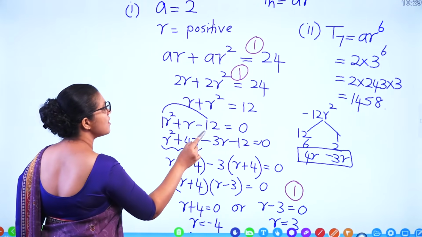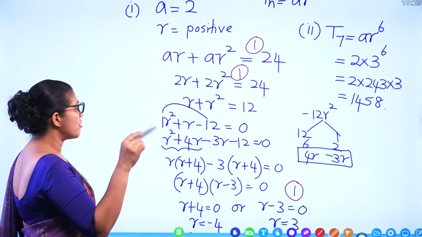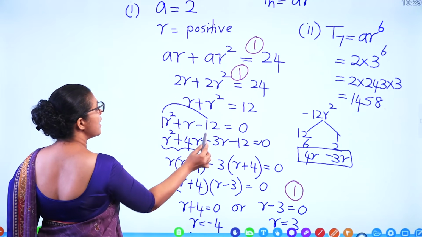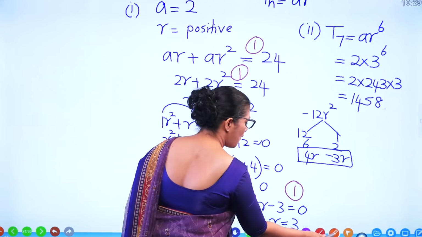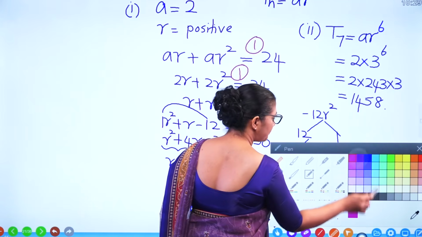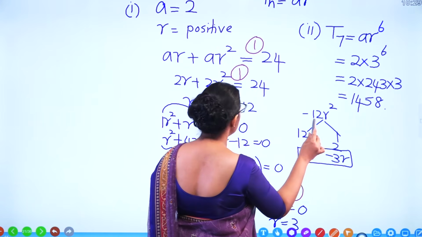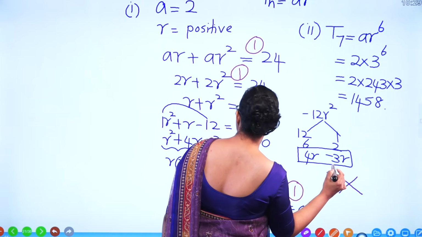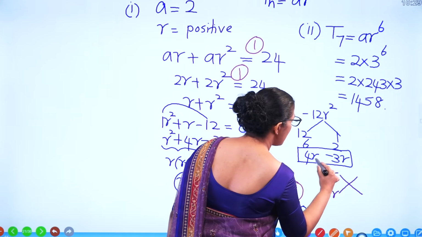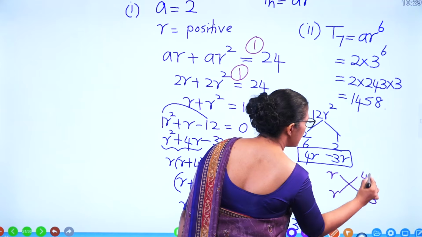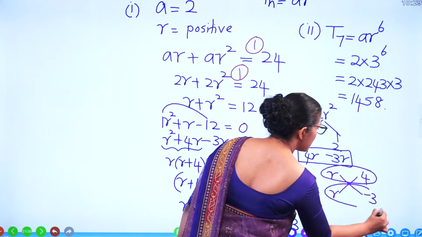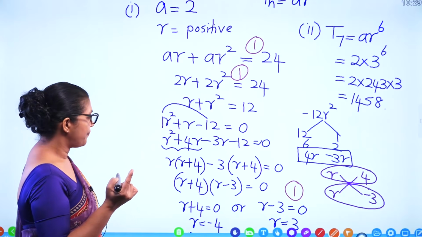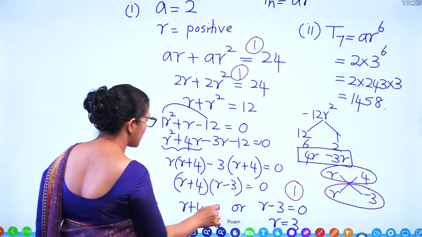If you can do it straight away, do it using cross multiplication, as I explained before. Straight away, after you find the factors of minus 12, we know that it is r and r, 4 and minus 3. So we can write down the factors straight away, r plus 4 and r minus 3. So you can skip these steps.